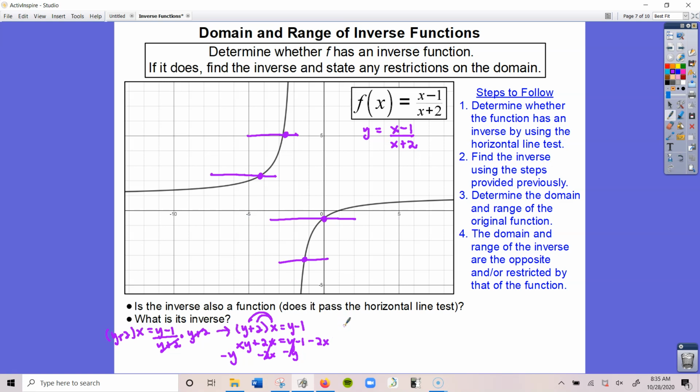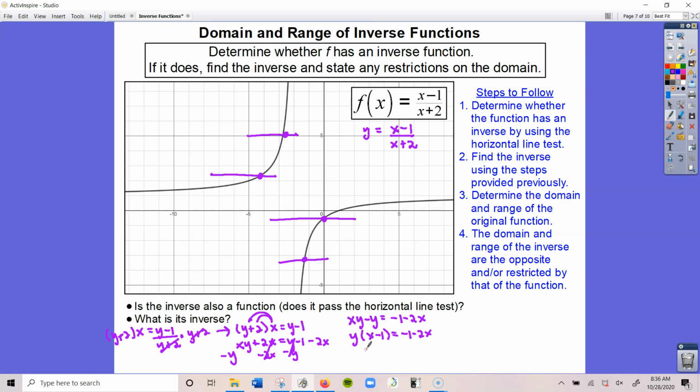So now my equation is as follows. We have xy minus y is equal to negative 1 minus 2x. Once you have your y's all on one side, what we're going to do is factor out the y, since both terms have a y in common. When I factor it out, I get x minus 1.